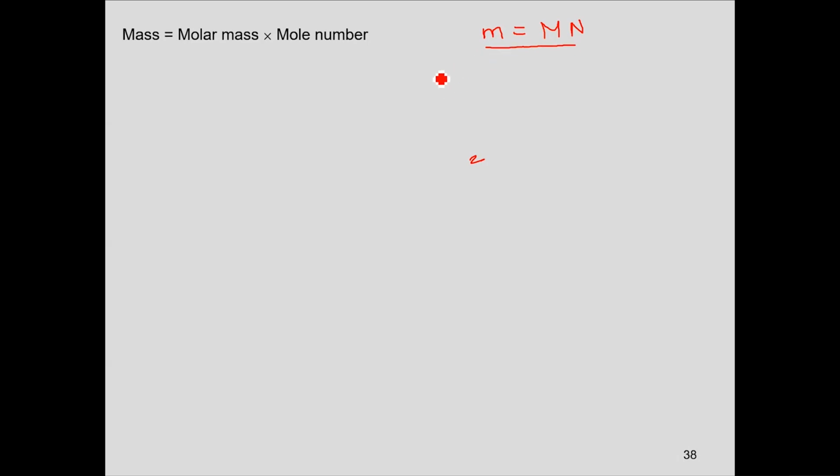If I want, this is my equation. P specific volume equals RT, and I know that specific volume is V over M. So PV over M equals RT. I can express this equation as PV equals MRT. Is this equation clear to you?